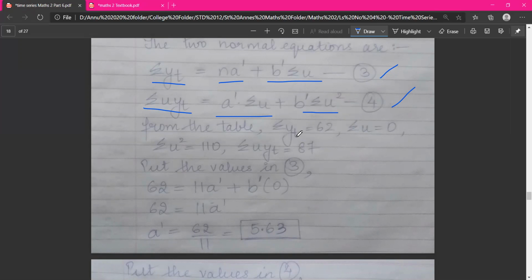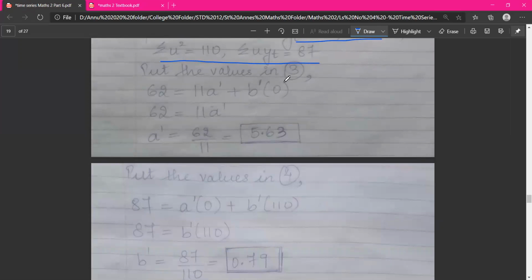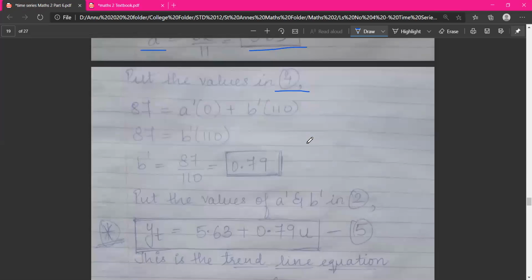So from the table, you have got the summation values of all the 4, which you will write over here. And these values you will put one by one in equation number 3 and equation number 4. So when I put in 3, I get the value of A dash as 5.63. And when I put the values in equation number 4, I get the value of B dash as 0.79.